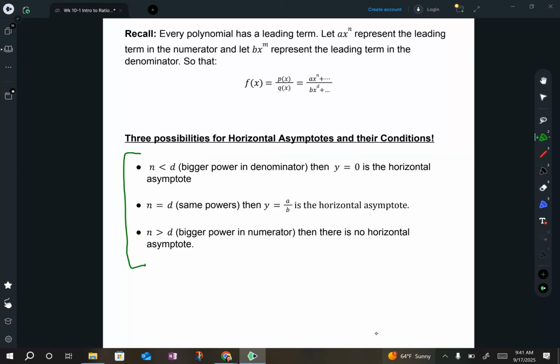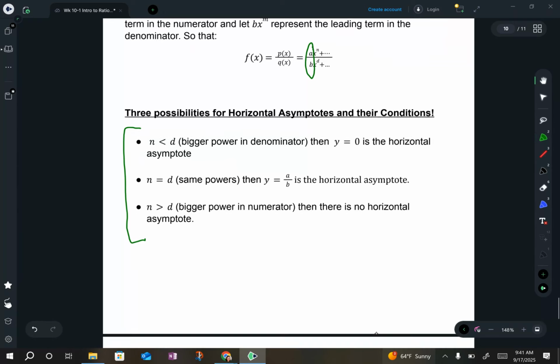So you look at those leading coefficients and write a over b, and that's your horizontal asymptote. And finally, if the degree of the numerator is bigger than the degree of the denominator, then there is no horizontal asymptote. These are a little bit tricky to remember, so be sure you write them down and put them on your note card.